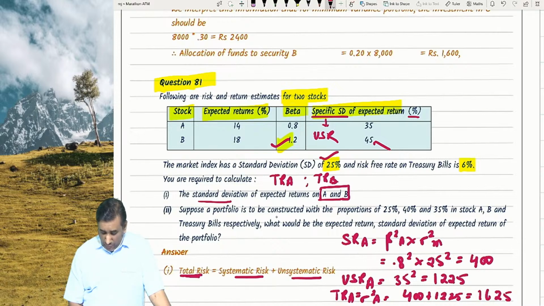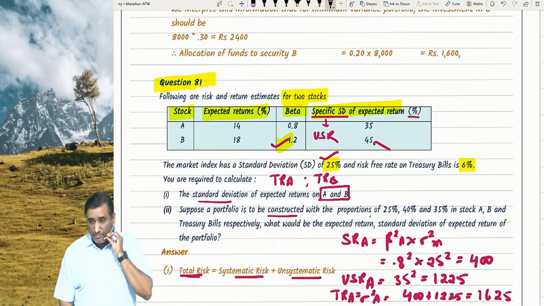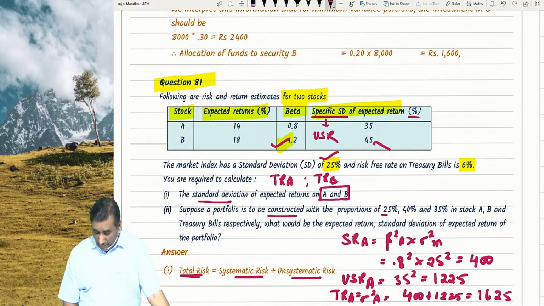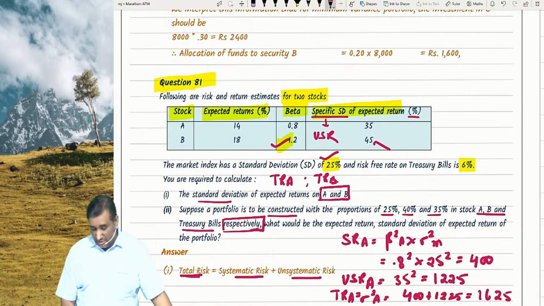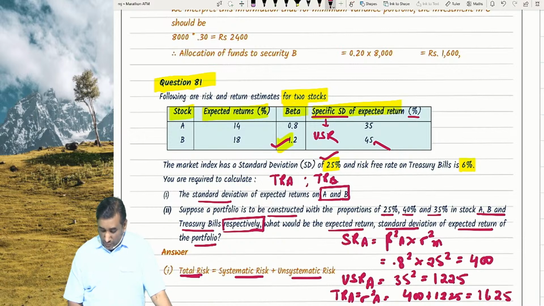Then he says, suppose a portfolio is constructed with proportions of 25%, 40% and 35% in A, B and Treasury bills respectively. What would be the expected return and standard deviation of the portfolio?